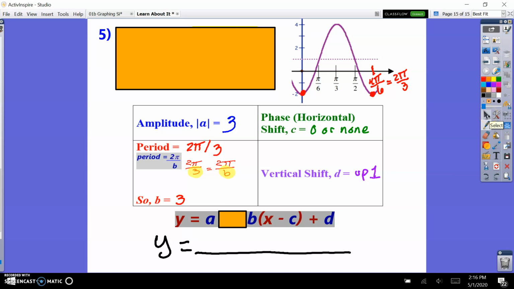Our amplitude is 3, so we are looking at from the horizontal center or midline, how tall this is. So this is telling us that our A value is 3. So our amplitude is 3. Now the difference is that if we take a look at the function, this is starting low, not high, but it's not in the middle either.